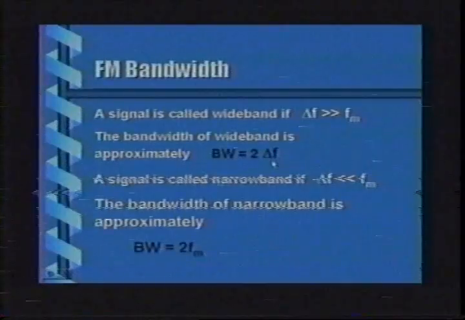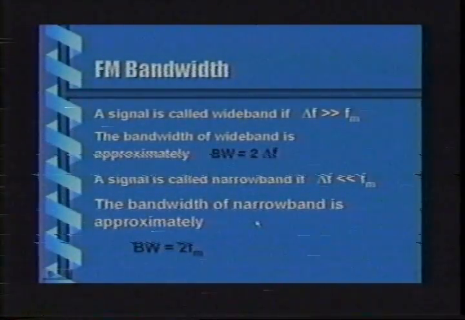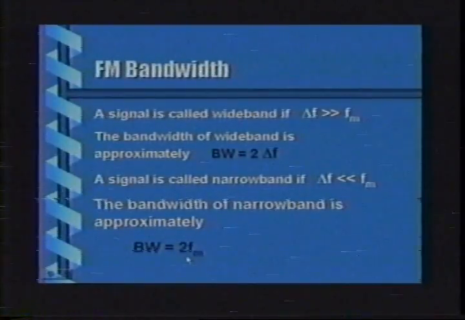Thankfully, this problem stated that the signal was wideband because we weren't even told the value of F sub m. A signal is narrowband if the reverse is true: if the frequency deviation is small compared to the maximum frequency of the information signal. So when a signal is narrowband, the bandwidth is approximately 2 F sub m. Incidentally, that's the same bandwidth we would have with double sideband AM.